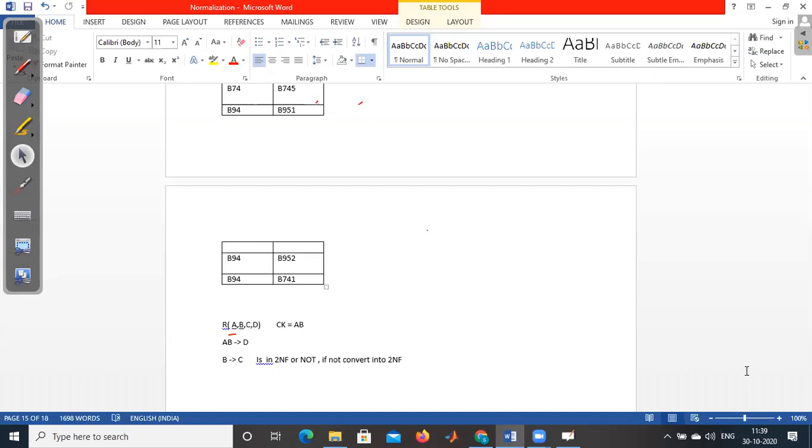Okay, from the GATE point of view, they ask which normal form the given functional dependencies are in. So we have to check each and every functional dependency. First, for the given functional dependencies, we have to find the candidate key and the closure.